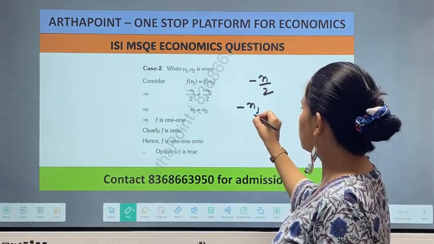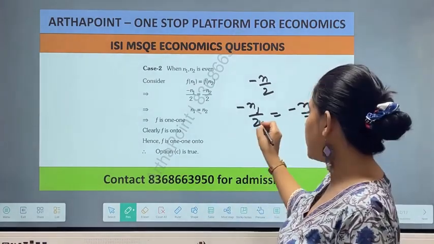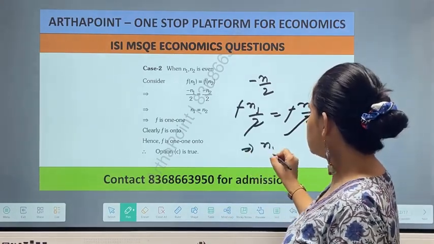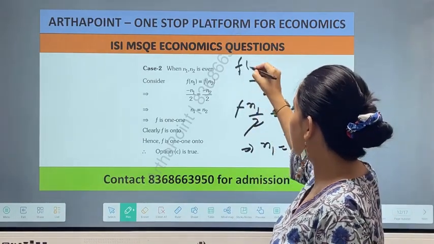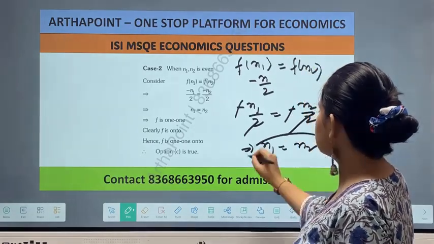It means n1 is equal to n2. So when my functional values are equal, I am getting that these numbers are also equal. That means it is a one-to-one function, whether it is even or odd. So we have proved that it is a one-to-one function.